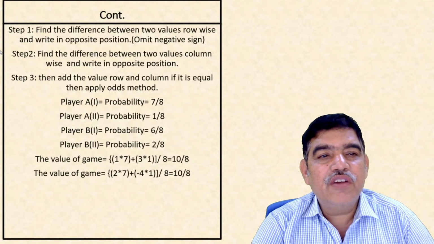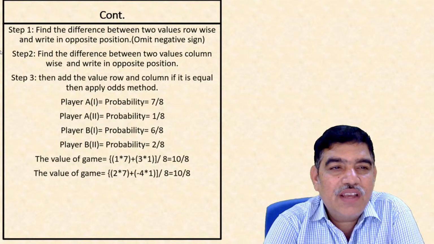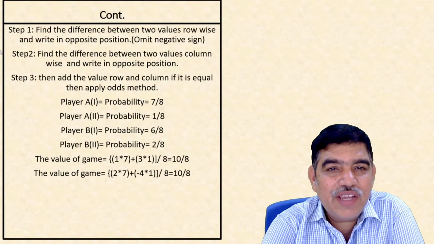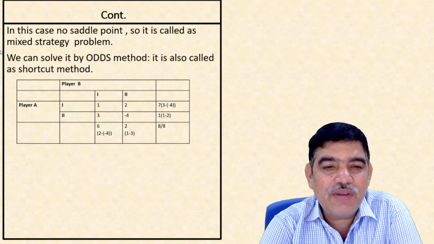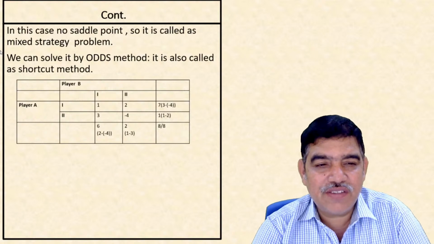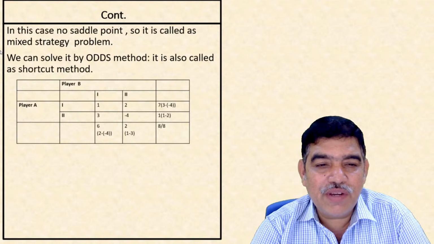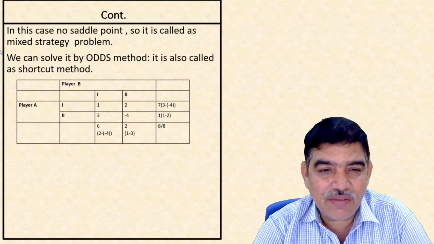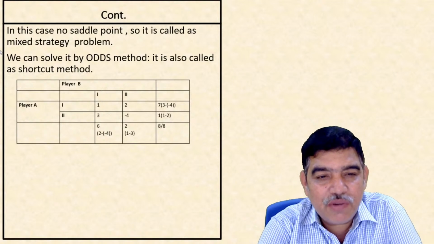Find the difference between two values row wise and write it in the opposite position. Omit the negative sign. Look here, 1 minus 2 is minus 1, but omitting the negative sign, I mention 1. I am writing it column wise, in the opposite direction.